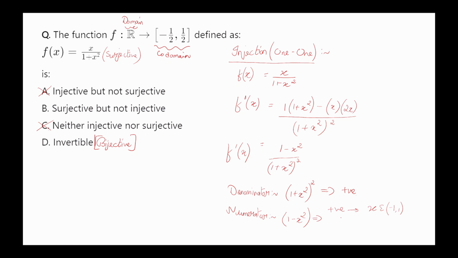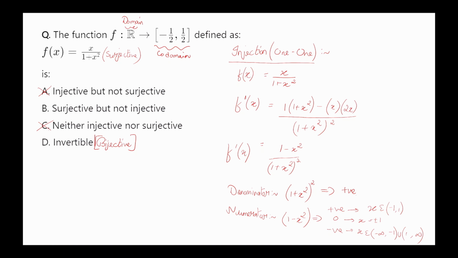We would get 0 when our x is equal to plus minus 1, and we would get a negative value when our x belongs from minus infinity to minus 1 union 1 to infinity. So I hope you all can see that the numerator is changing its sign as per the domain. Since my domain is R, that means I can put all values from minus infinity to infinity in this function.